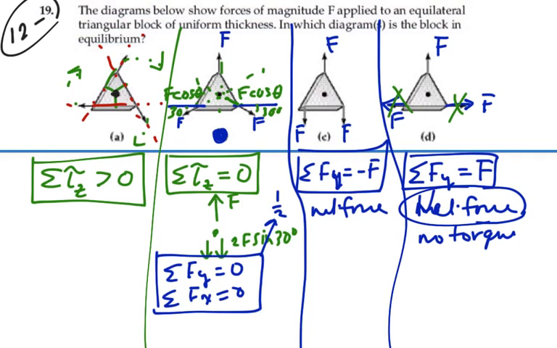And on the previous one, the torques cancel out as well, so there's no torque here either, because we have a moment arm here and a moment arm here, and those torques cancel out. And then we have one force go through the middle with no moment arm, so no net torque, but we do have a net force. So equilibrium only in answer B.